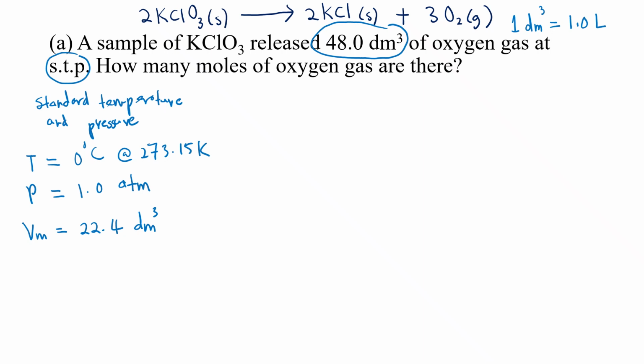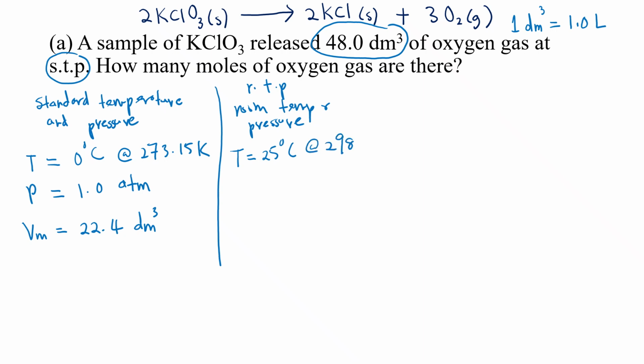We do have another condition iaitu RTP. RTP tu benda apa? Room temperature and pressure. Okay, so untuk room temperature and pressure RTP, the temperature is 25 degrees Celsius ataupun 298.15 Kelvin.